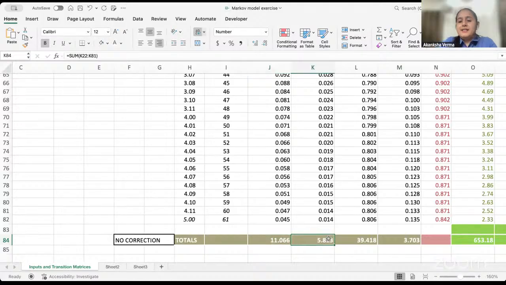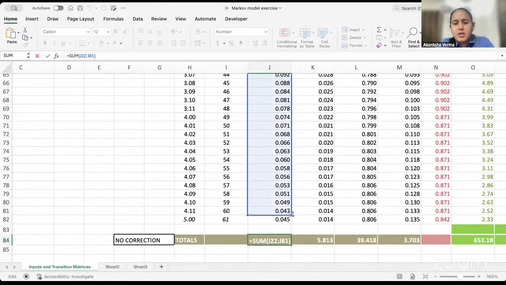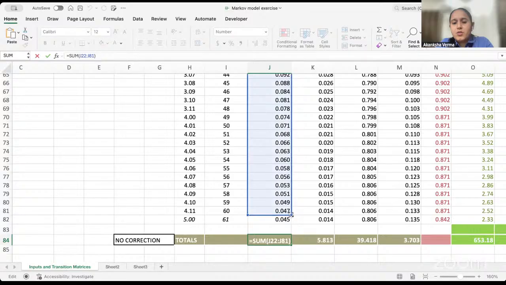So this is basically the number of patients. These are the number of patients which should be one actually. Okay.